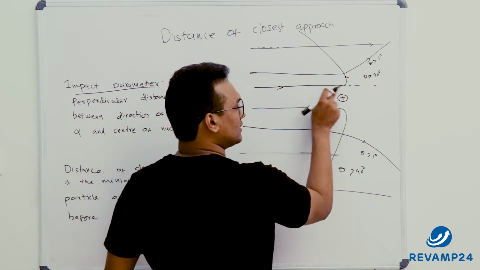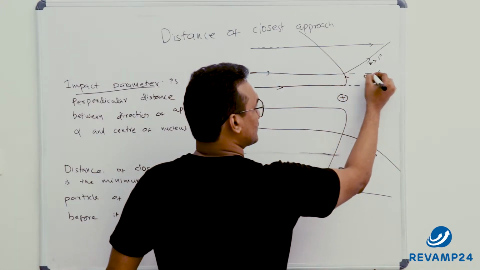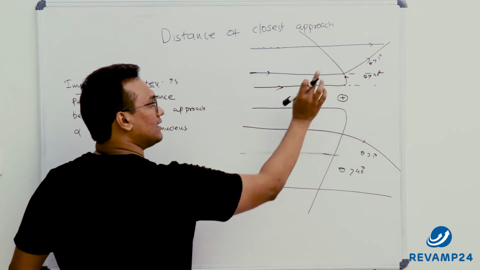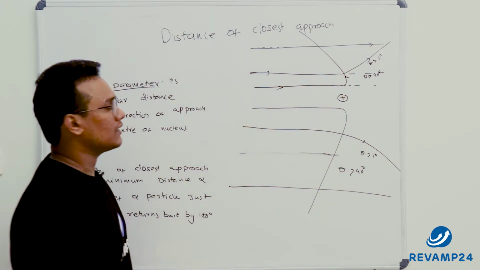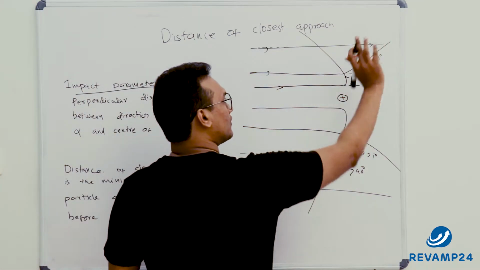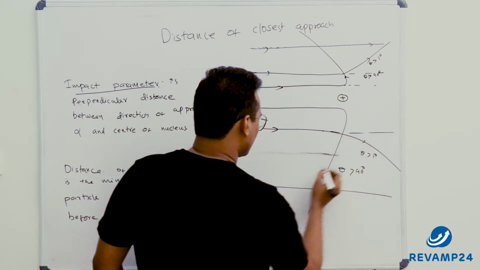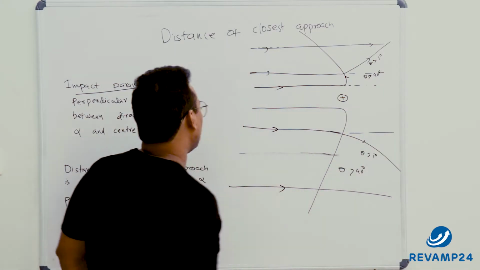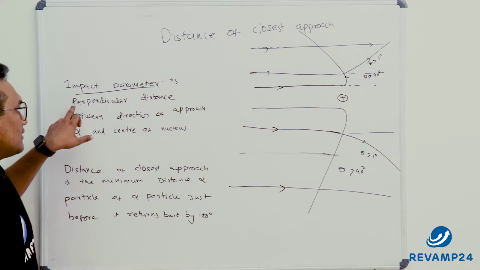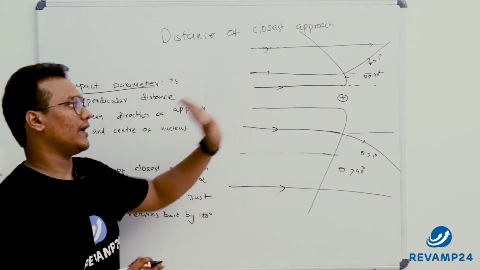The alpha particle is approaching in this direction, and that is also equal to the direction of initial velocity. Initial velocity, direction of approach, same thing. Either you can say direction of initial velocity or direction of approach.